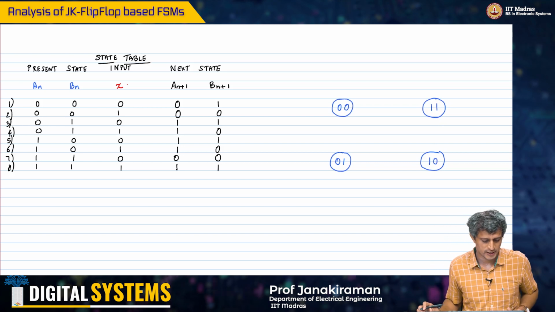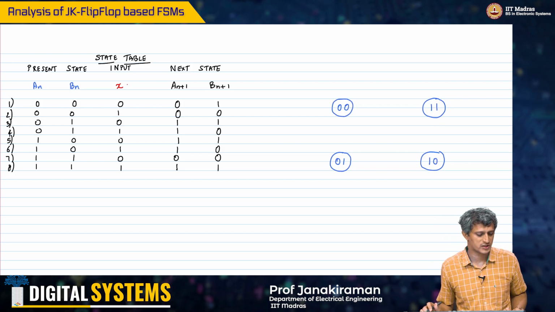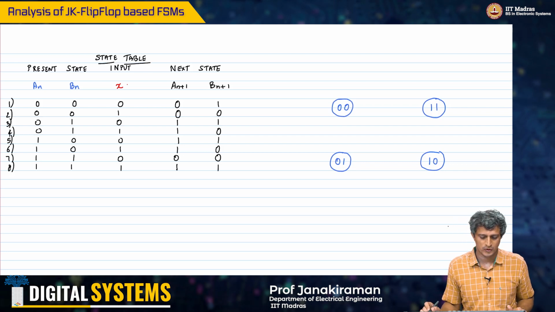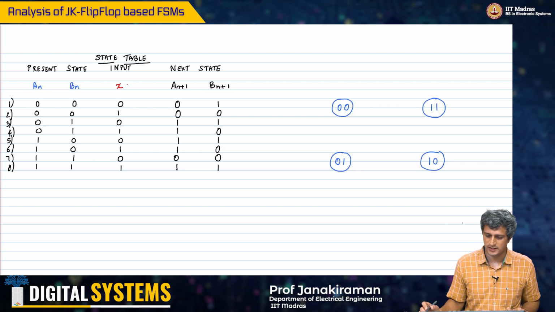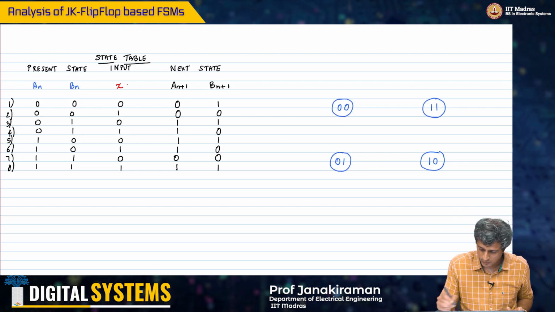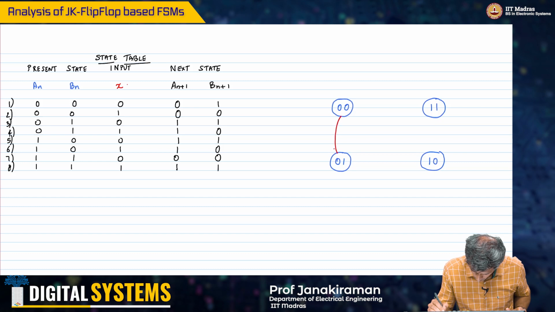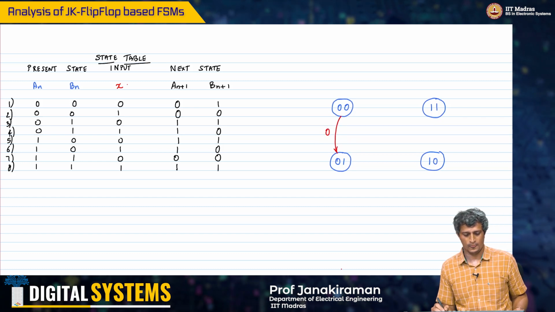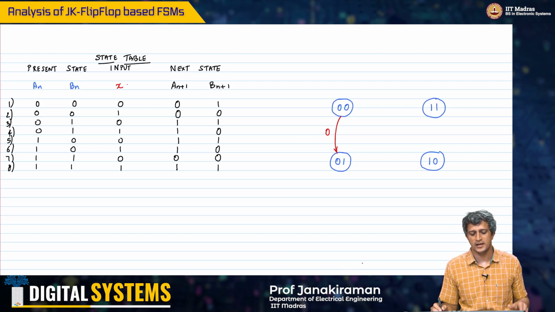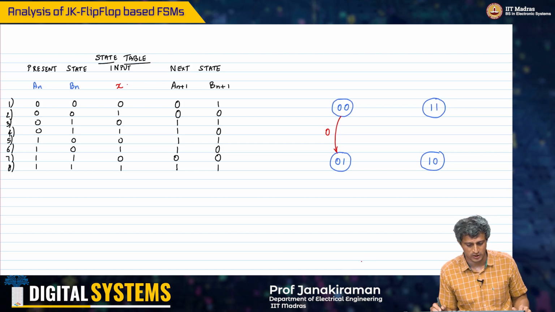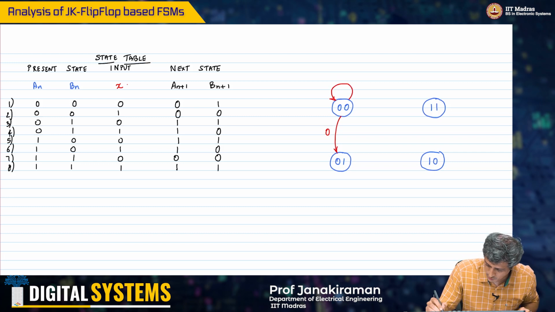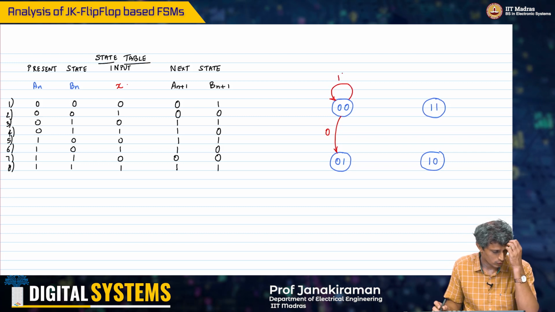So starting from the state 0 0, which is row number 1 in the state table, if the input is 0, then you go to state 0 1, and the input here is 0. Now if the state is 0 0 and the input is a 1, then you remain in state 0 0 with input equal to 1.